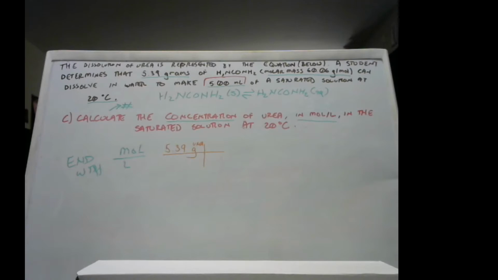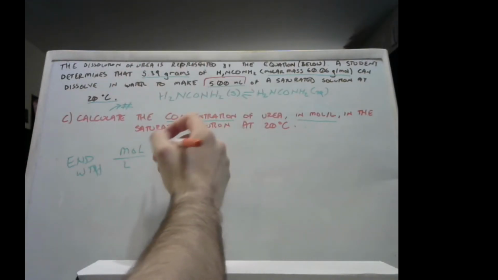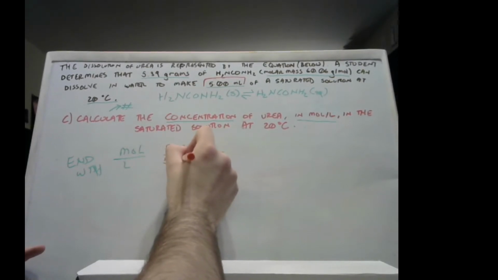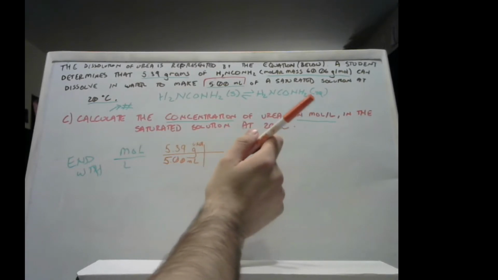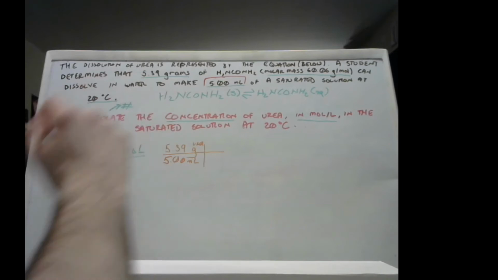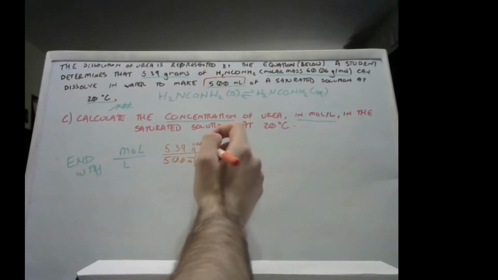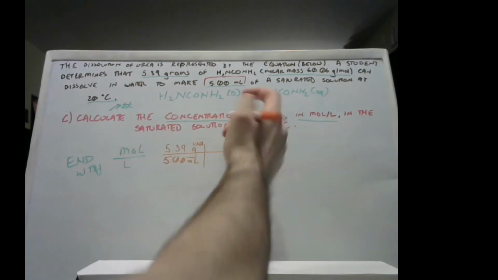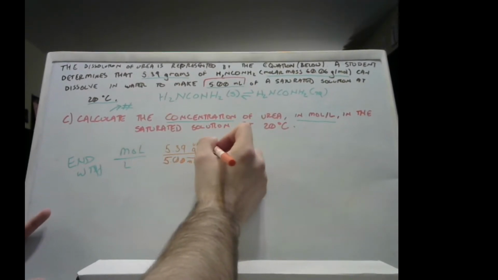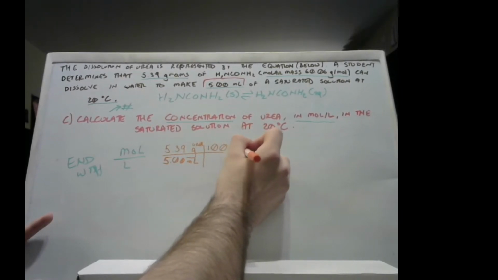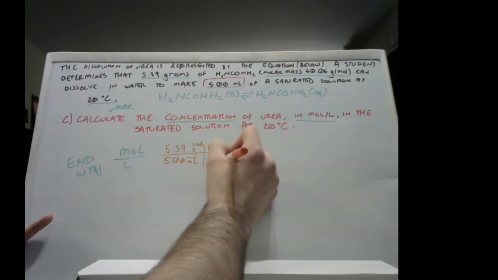Per liter. Well, liter is a volume. The only other volume I have here is this 5.0. I guess I'm probably going to be using that. Okay, I'm in grams per milliliter right now. I need to get to moles per liter. So let's convert. I'm going to do the milliliters first because it's the one that we always know. It tells us that 1,000 milliliters is 1 liter.